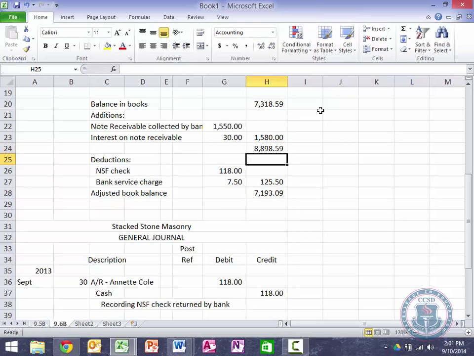Now, did we have any deductions? Let's look. A service charge of $14.34 and a debit memorandum, which is an NSF check of $145, weren't in there.